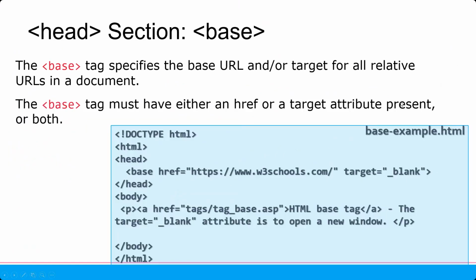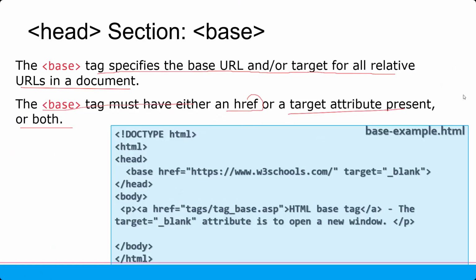And the last one that I want to explain is about base. So base, we have the base tag. It specifies the base URL and/or target for all relative URLs in the document. The base tag must have either an href or a target attribute present, or both.